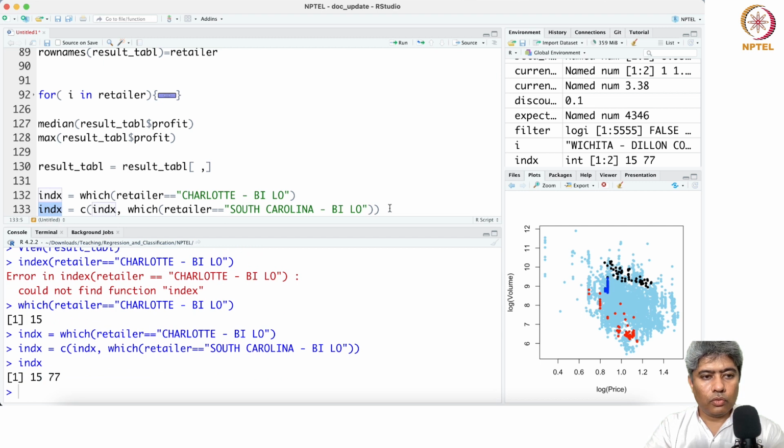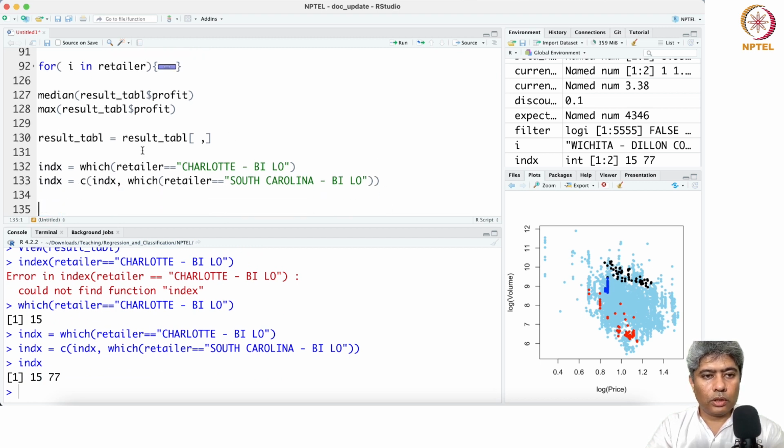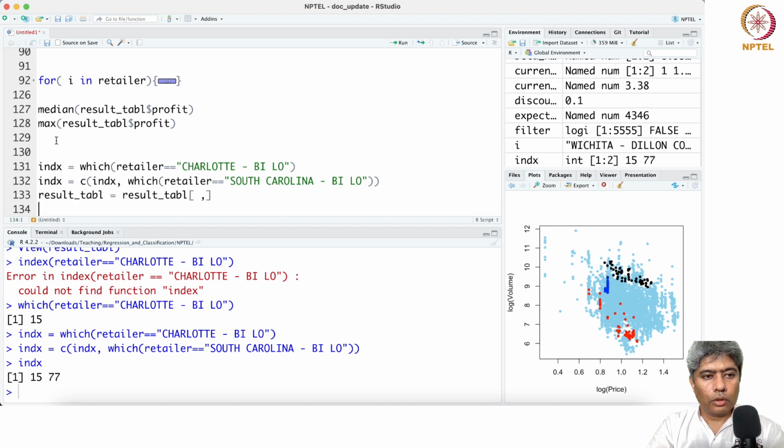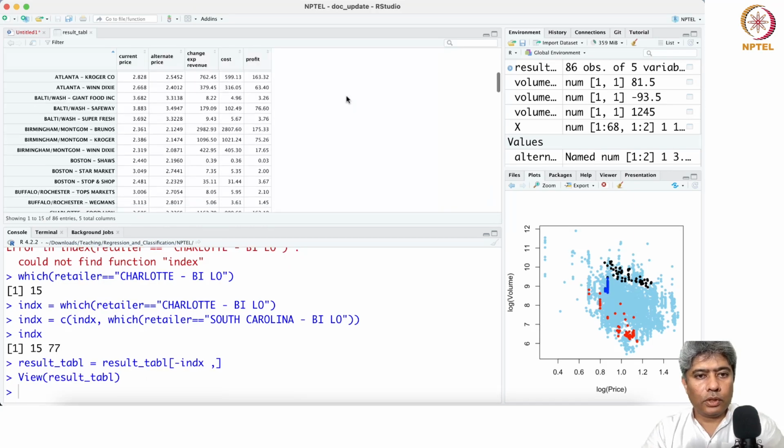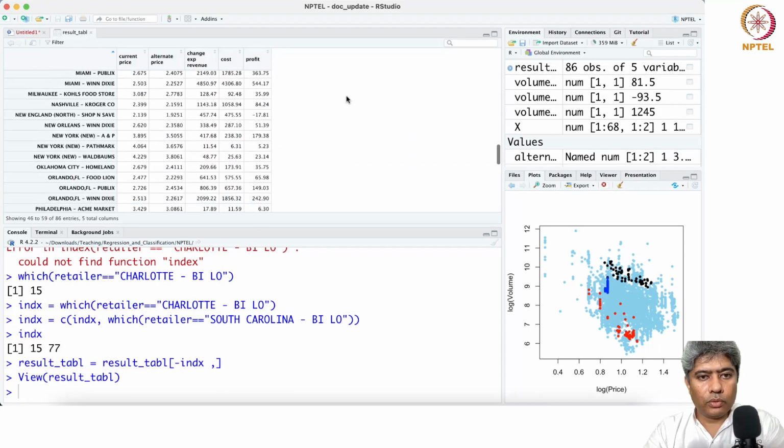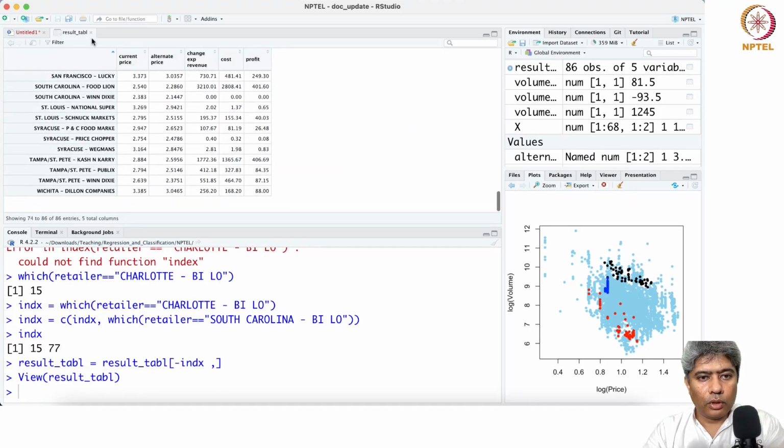So these are the two cases, and then result table minus index, if I just say that. And now if you see, I have dropped these two guys.